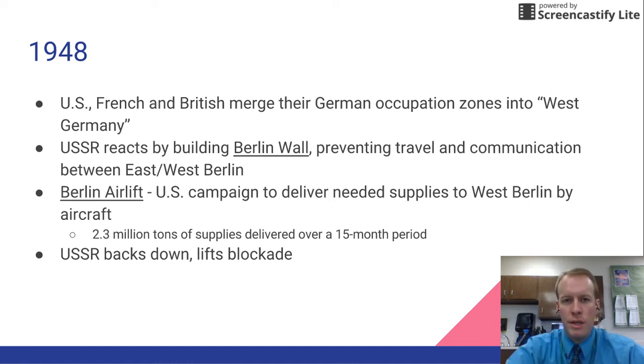So therefore, the U.S. conducted what became known as the Berlin Airlift, where we used planes to drop about 2.3 million tons of supplies into the part of Berlin that was cut off. Now, after 15 months, the USSR backed down and lifted the blockade between East and West Berlin.